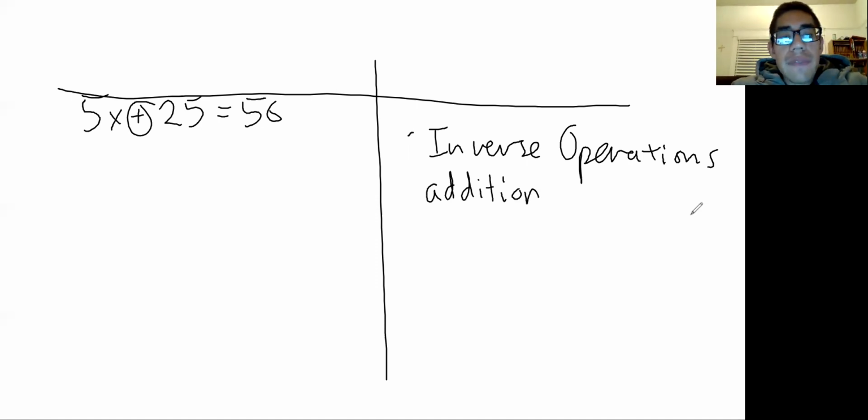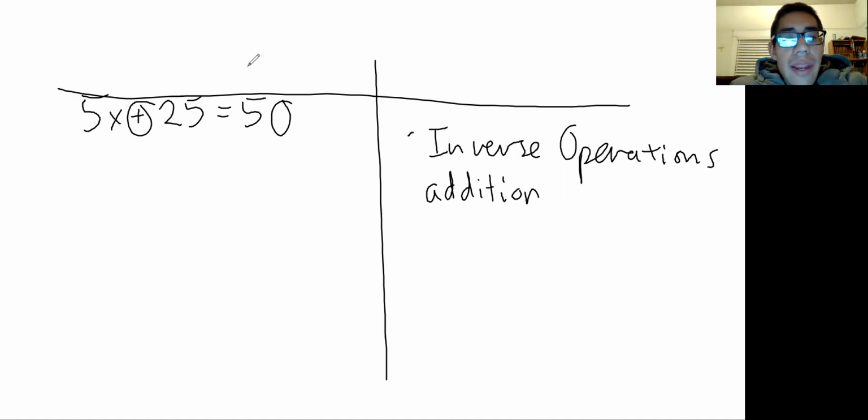For the purposes of this video, you need to understand that we always want to get rid of the addition or subtraction before we get rid of the multiplication, as in the coefficient. The only time you're going to have division in one of these is if you have a fraction, and we're going to deal with that later.